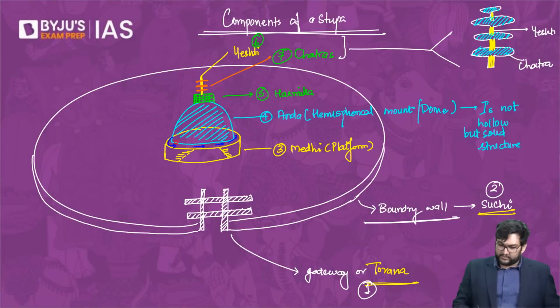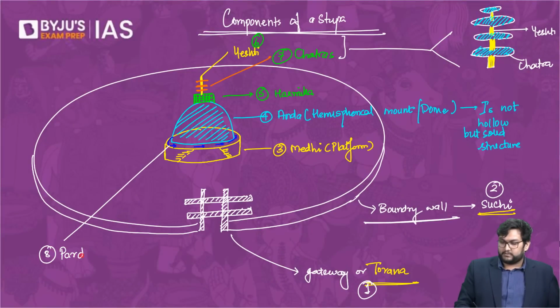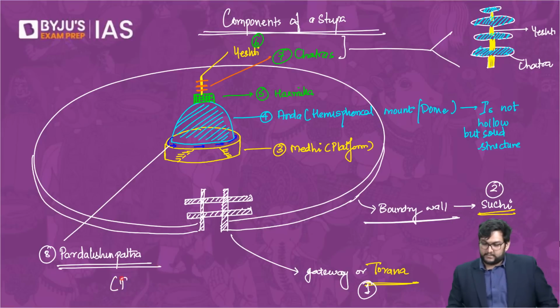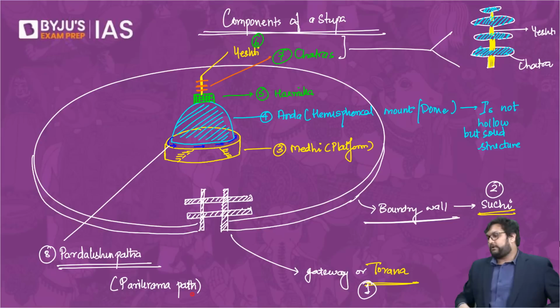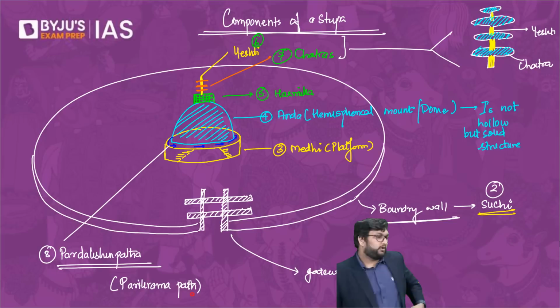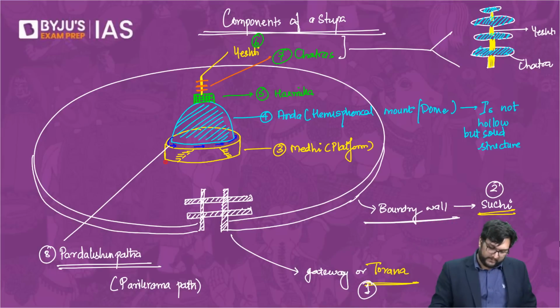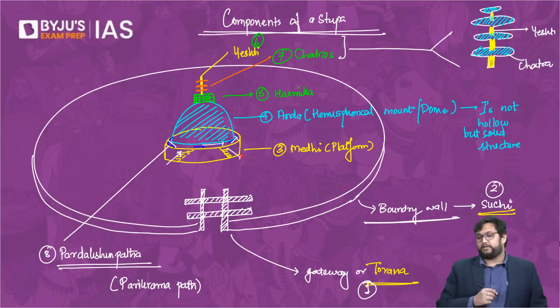And this is called Pradakshina Patha, or basically parikrama path. So basically, you can go up, and you can then go around it, and then you can come down if you need to.